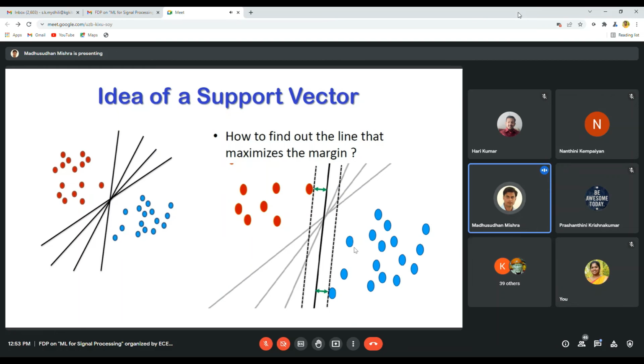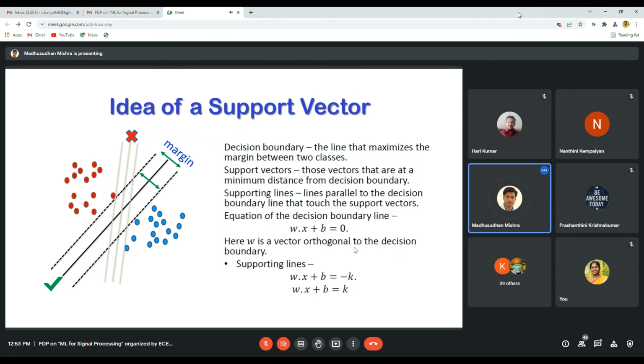There is a well developed mathematics here. Mainly we have to define the decision boundary, the line that maximizes the margin between the two classes. Then support vectors, basically those vectors that are at minimum distance from the decision boundary, are known as support vectors.